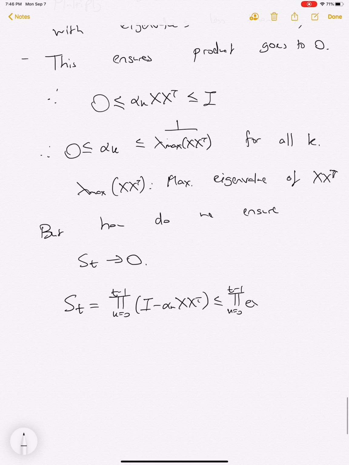So let's talk through this a little bit. One ensures each step is not too big. If you pick a step that's too big, you can overshoot the minimizer.